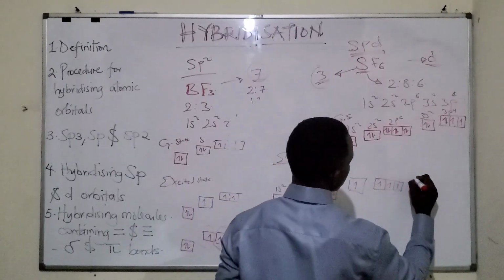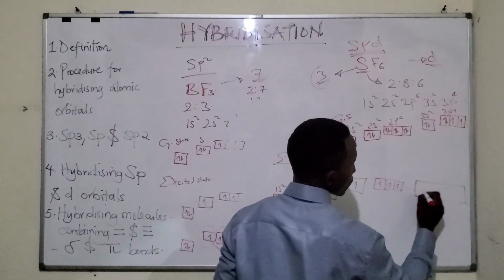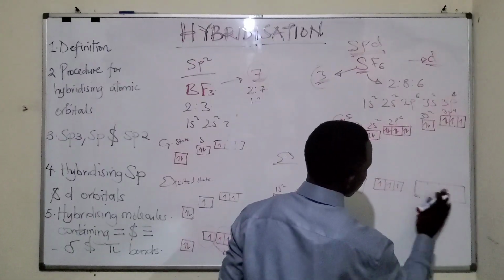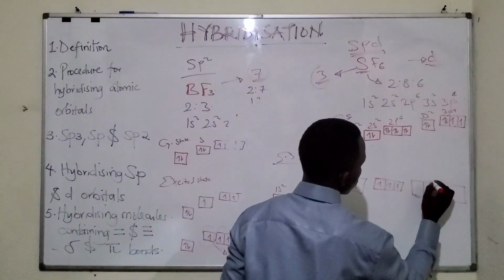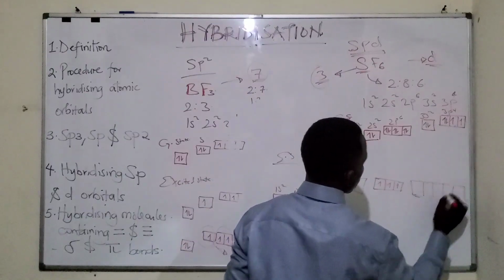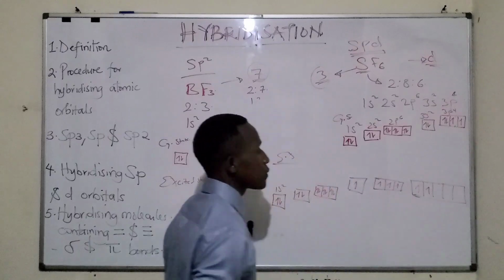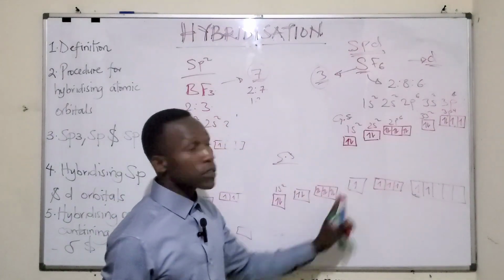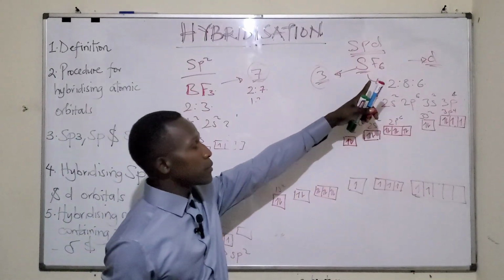For the d subshell, remember, we're having 5 orbitals, but we are putting only 2. So now we have made 1, 2, 3, 4, 5, 6 electrons to be paired with fluorine.